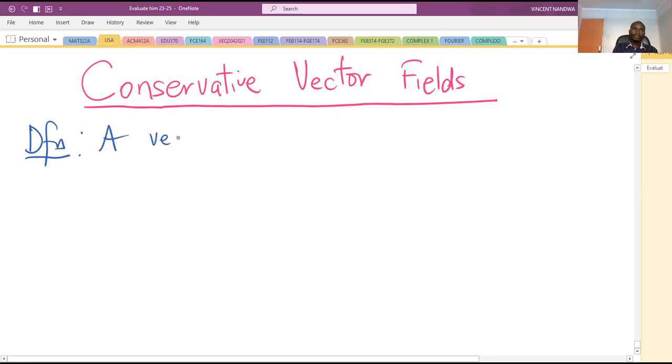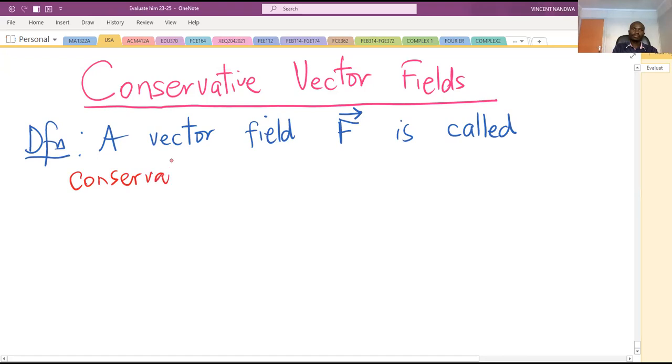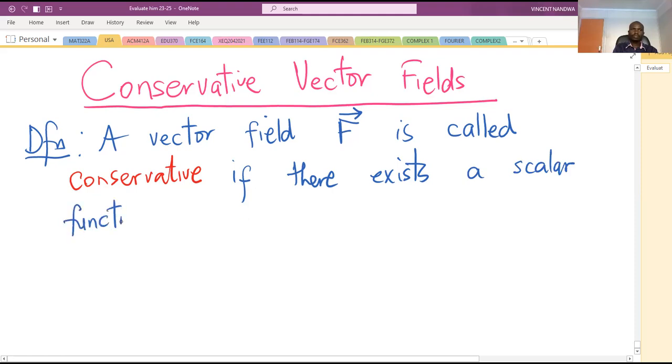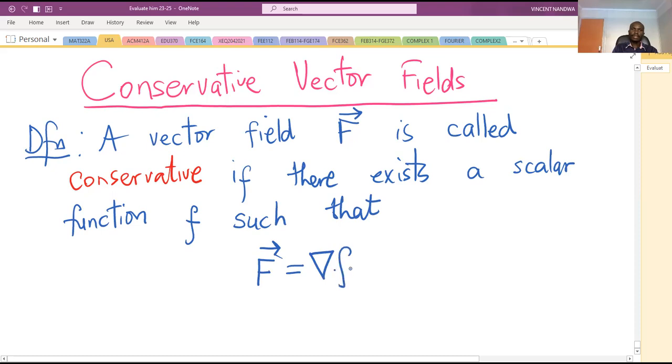A vector field F is called conservative if there exists a scalar function f such that this vector field can be expressed in terms of the gradient of this scalar function.